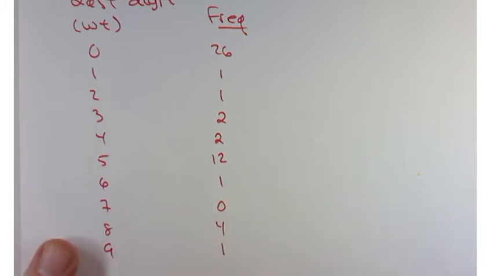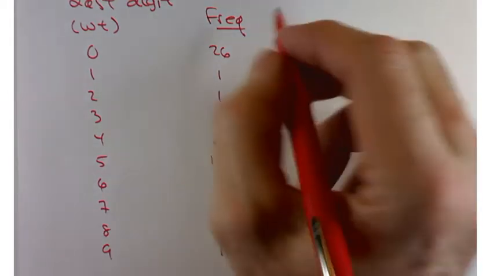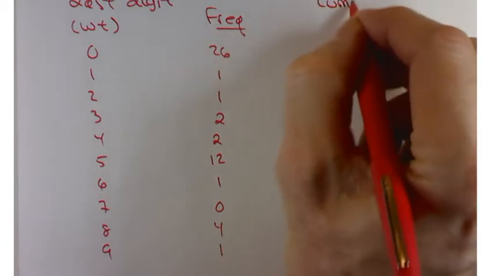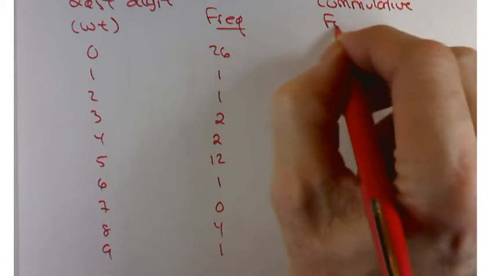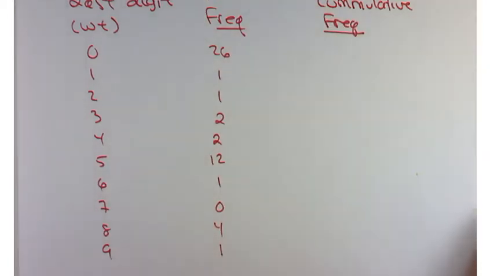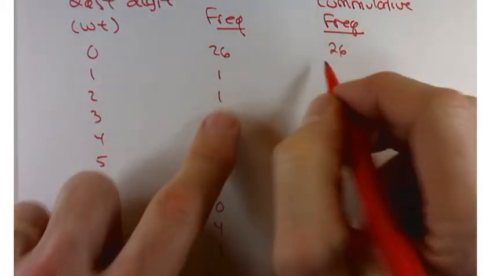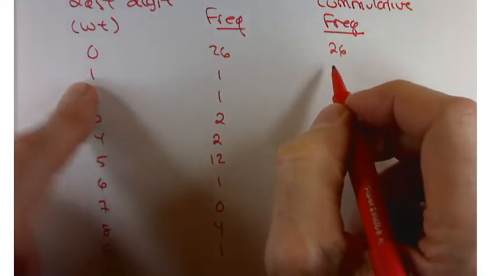Those are your frequencies. Now sometimes, depending on the application, you want what are called the cumulative frequencies. So again, the first one would be 26, but then the second one, you're looking for anything that was 1 or less.